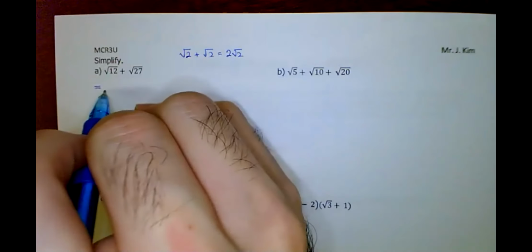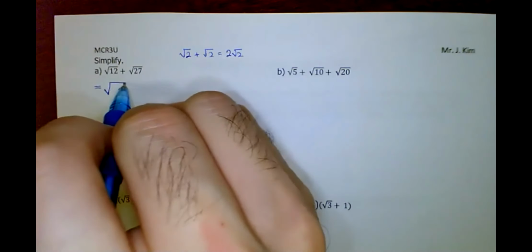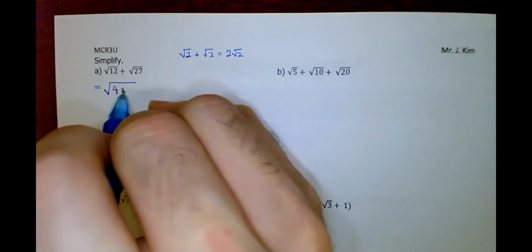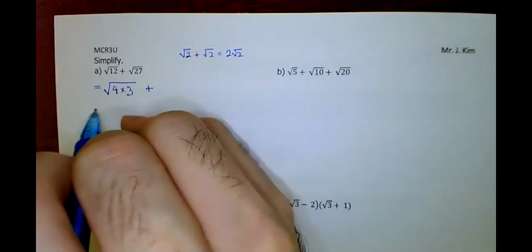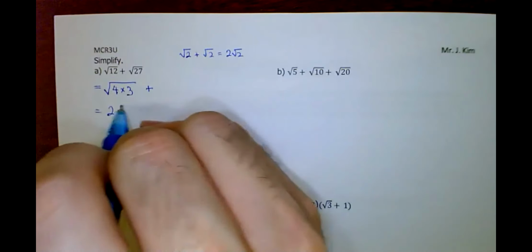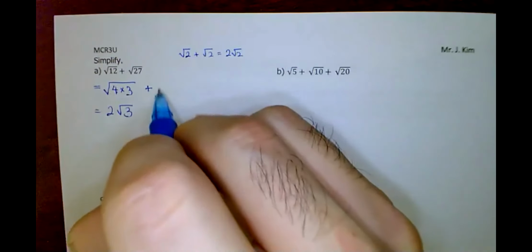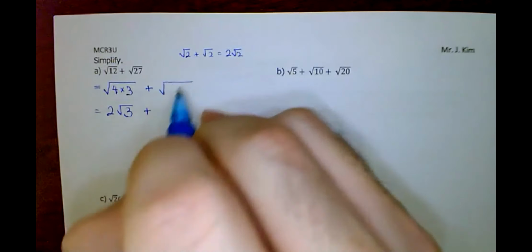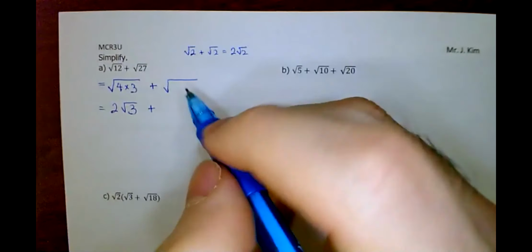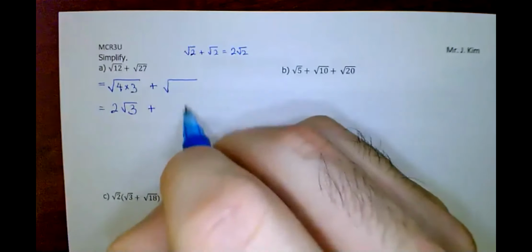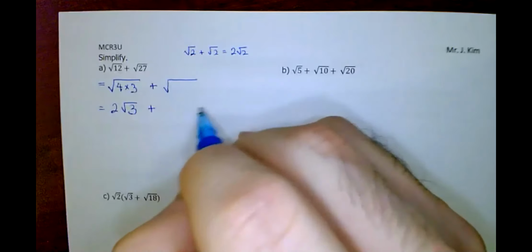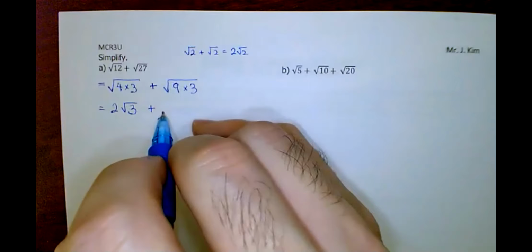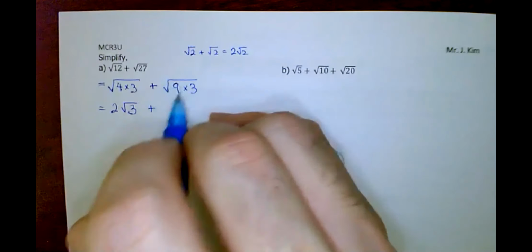So, Kennedy, stay with us. What can I rewrite 12 as? So 3 and 4, and then you can simplify the 4 to 2. Good. So let me do that first then, because you've already jumped ahead. And what about 27? 3 and 9.